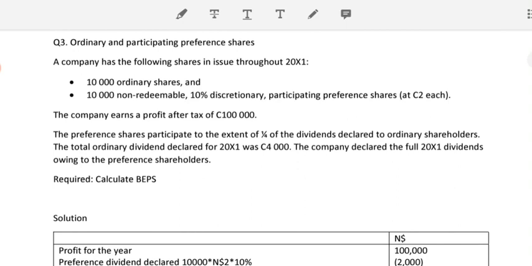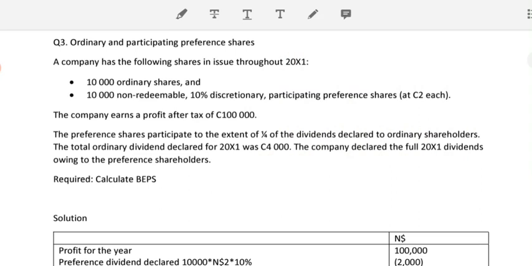The preference shares participate to the extent of 1/4 of the dividends declared to the ordinary shareholders, which means that for the profits after we have deducted the preference dividends, the ordinary shareholders will take 4 portions, and 1 portion will be apportioned to the preference shareholders.